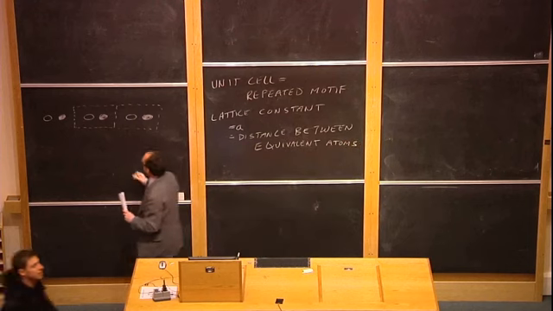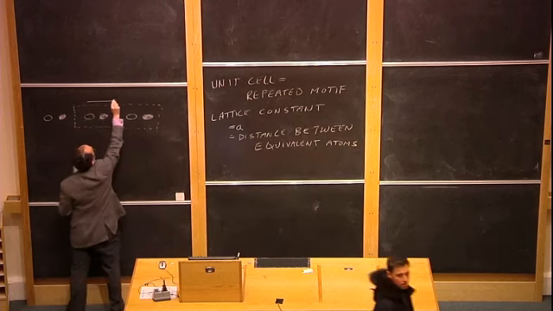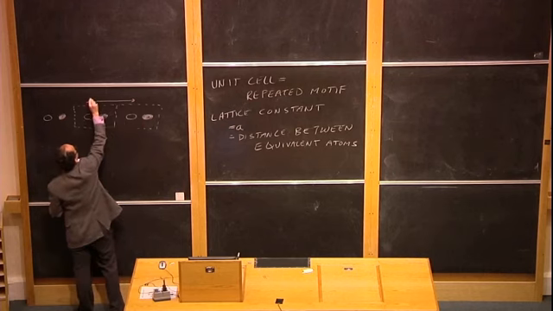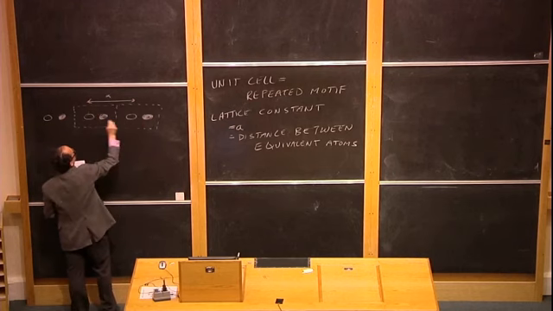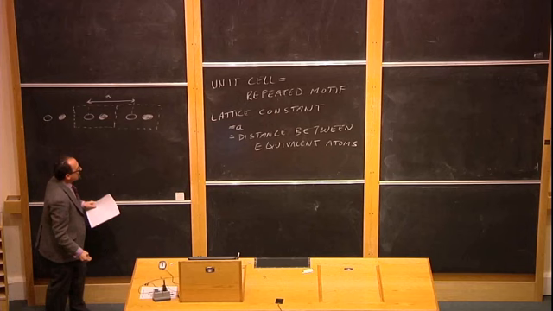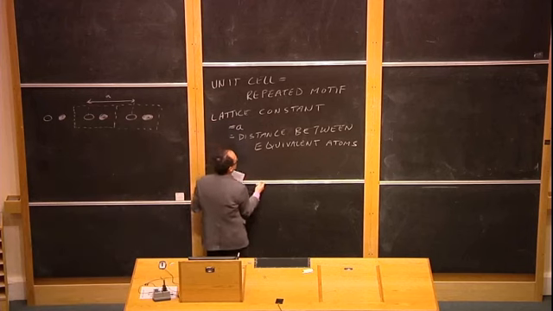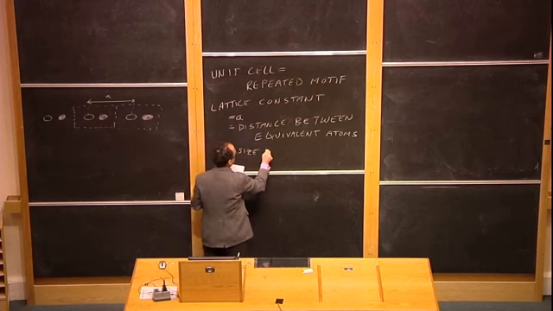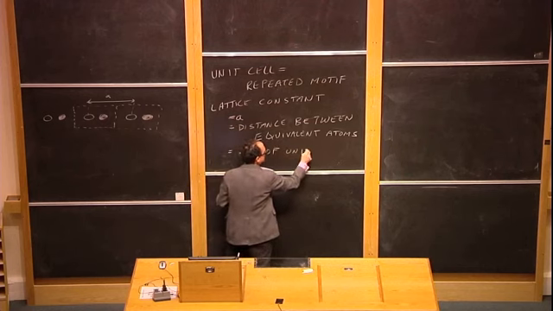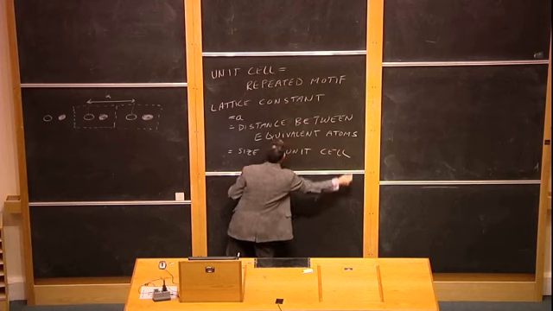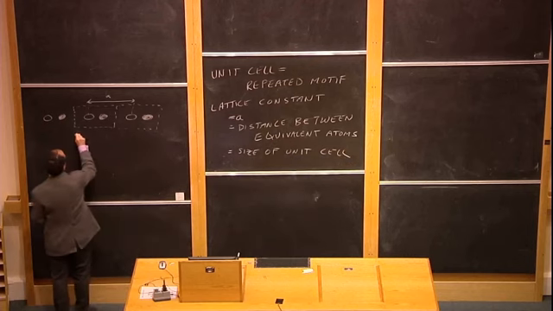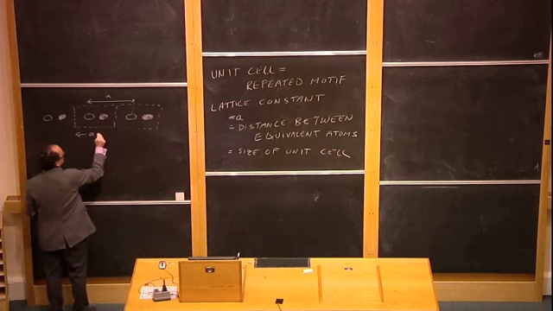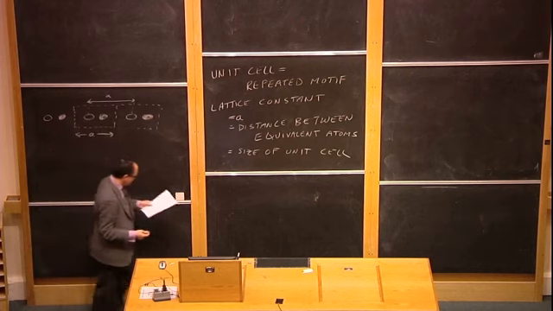So, for example, lattice constant would be like this. We'll call it A, from this light-colored atom to this light-colored atom. You may also notice that that lattice constant also happens to be the size of the unit cell. Draw it like this. This distance here is also A. Or if I drew it properly, it was.